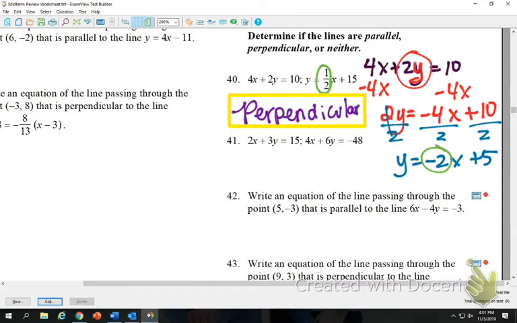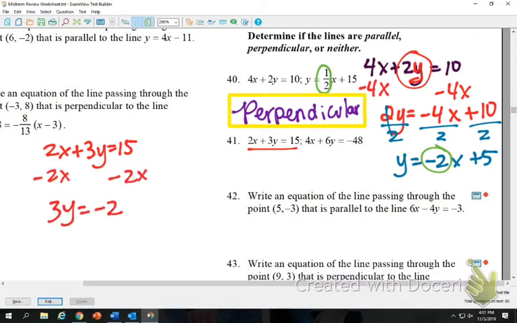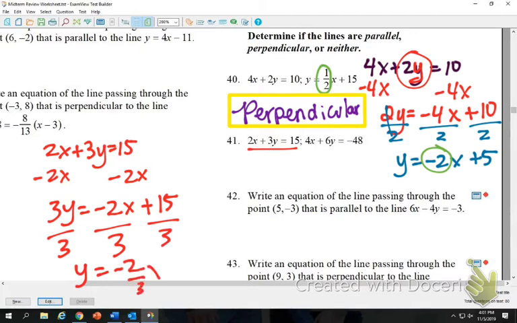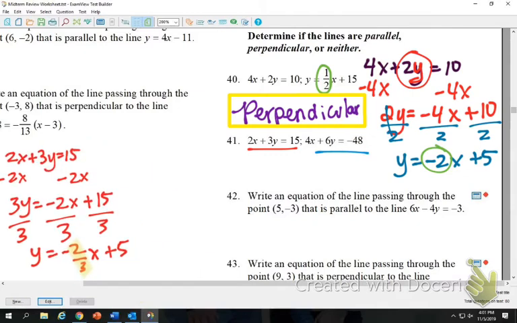41 is the same idea. We have to solve for y equals mx plus b. So I'm going to write this one over here. We need to solve for y. So y equals negative 2/3 x plus 5. So we're going to compare this slope to the other line. I'm going to make this smaller so I have room.